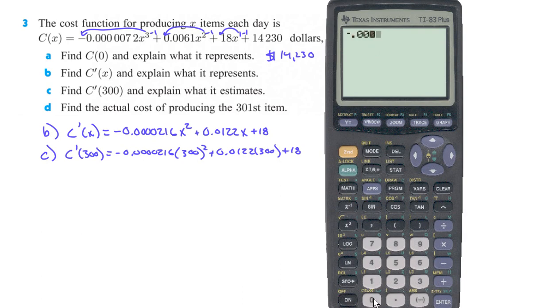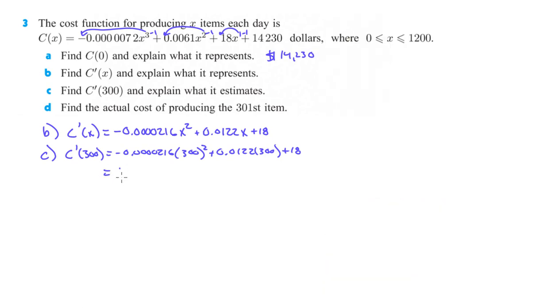Negative 0.0000216 times 300 squared, right, plus 0.0122 times 300 plus 18, and that gives us 19.716, so we'll call that 19.72. So equals 19.72. Explain what that estimates. That means it's going to cost about $19.72 to make the 301st item.